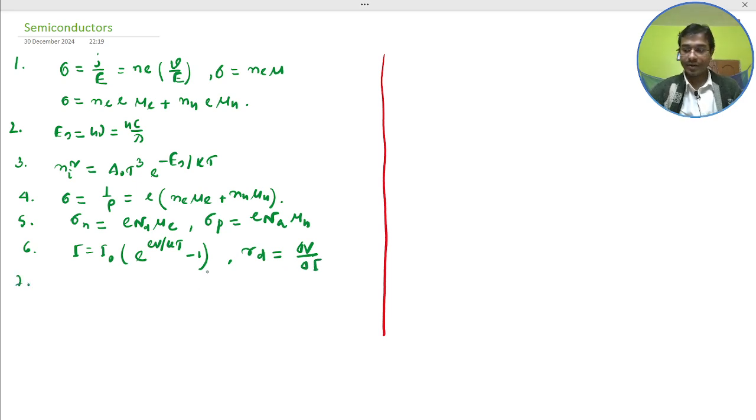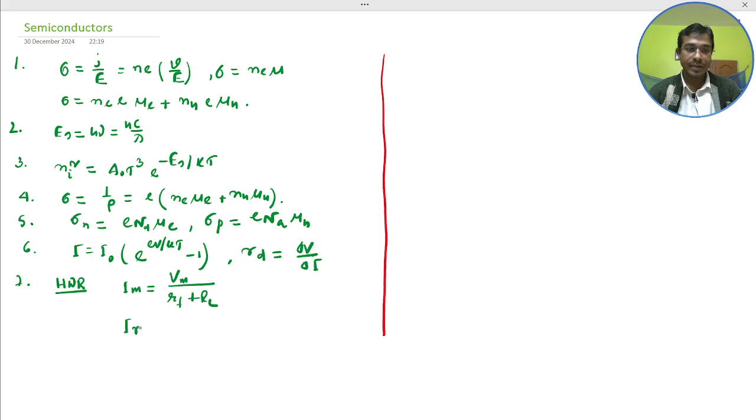Next, the half wave rectifier. The peak value of the current I_m, this is a very important formula which we also covered in the AC circuit, is V_m divided by R_f plus R_L.